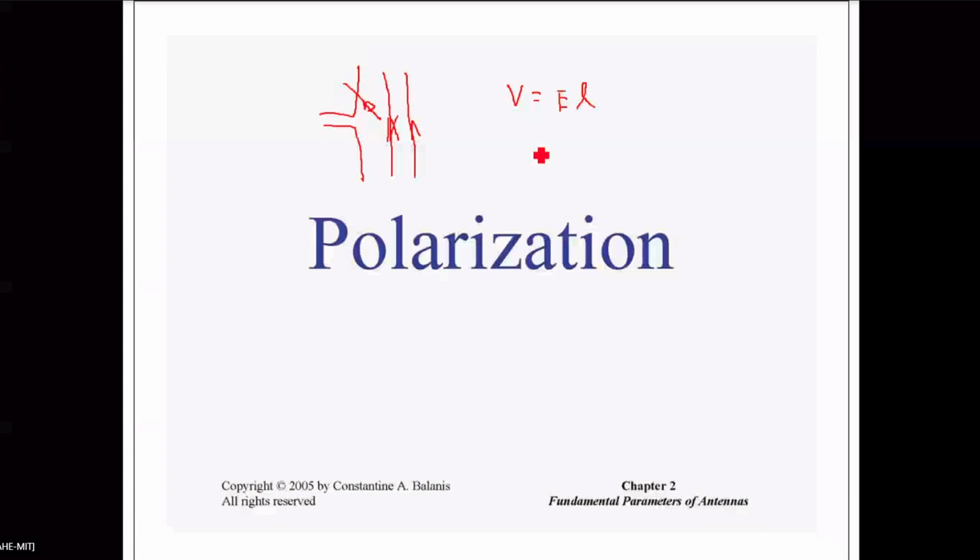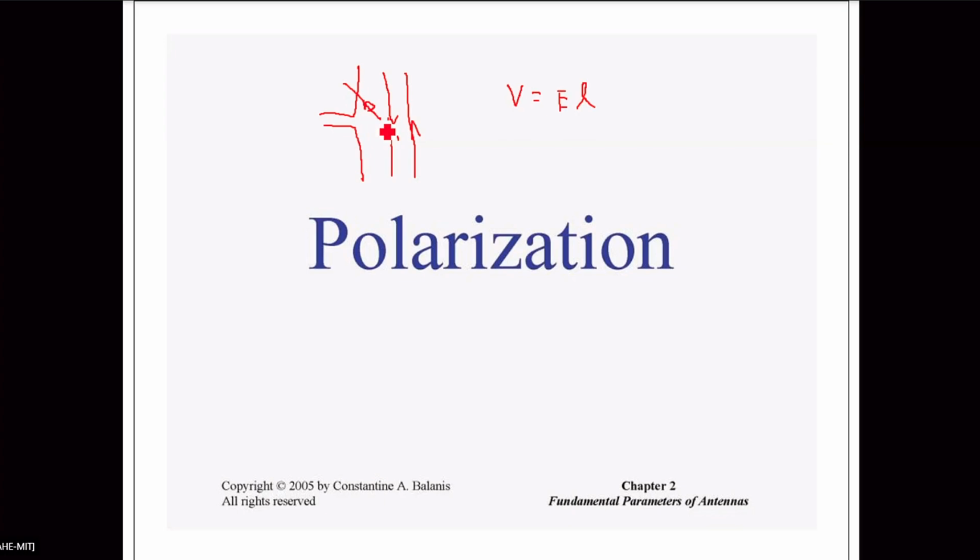Polarization of the electric field, in the former case, was also along the z-axis. In this case it is making an angle, some x, some y, like that.